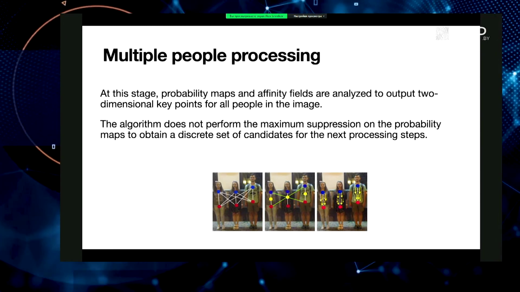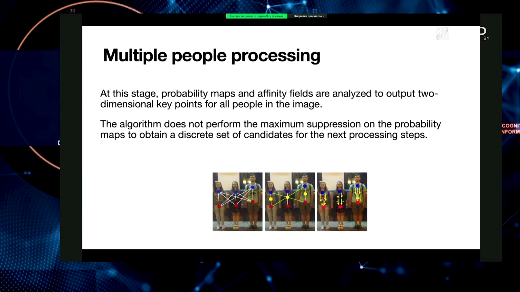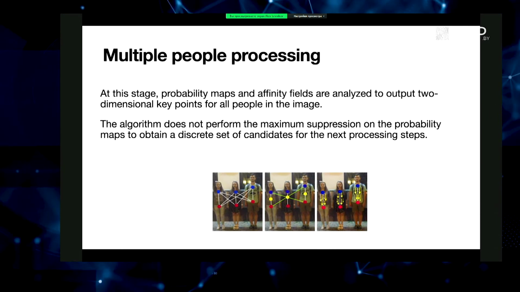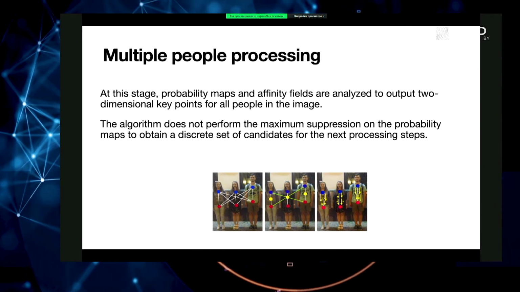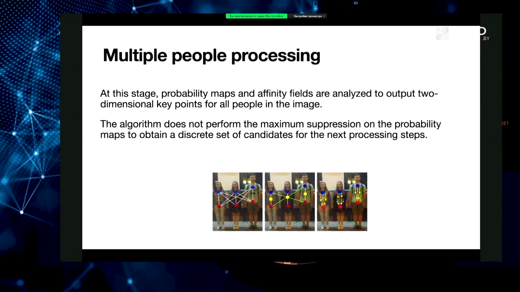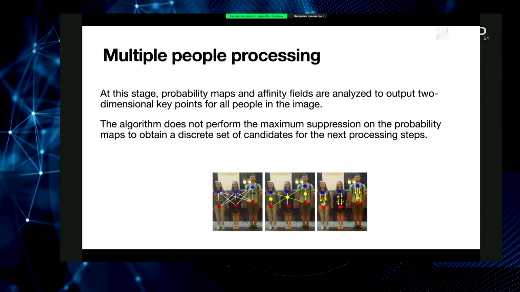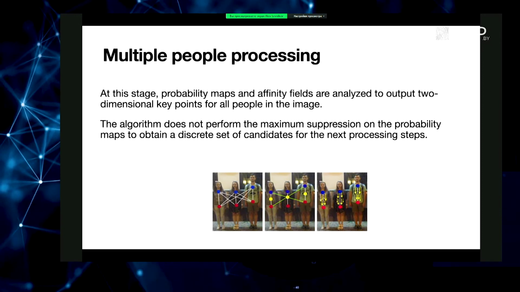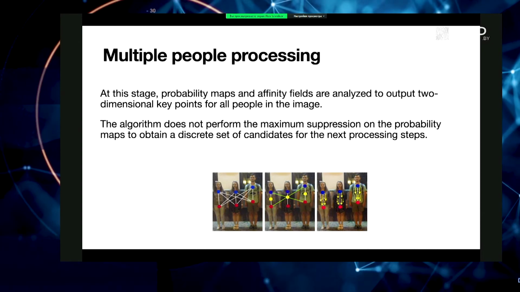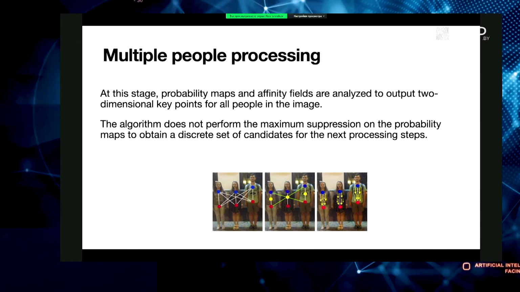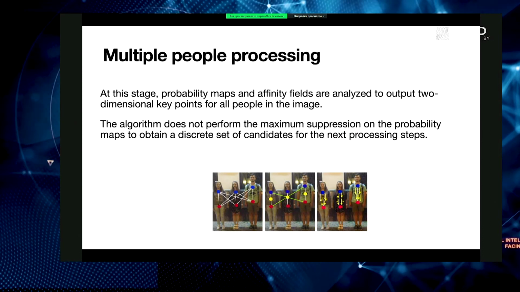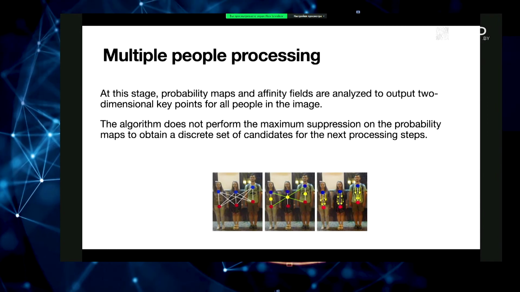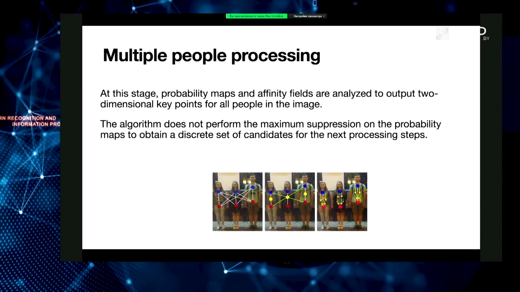We have vectors, we know the direction, and we know that every person can have only, for example, one type of body part. So using graphs, we are able to separate them. As you see in picture 3, knowing the direction, we know that each chest belongs to each person, and there is no way to join them somehow else.